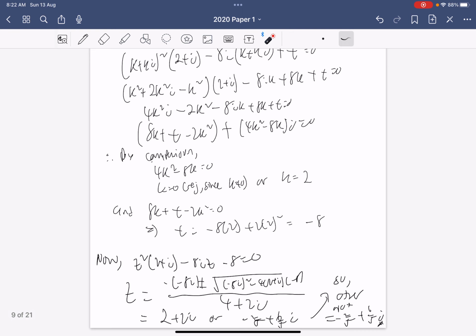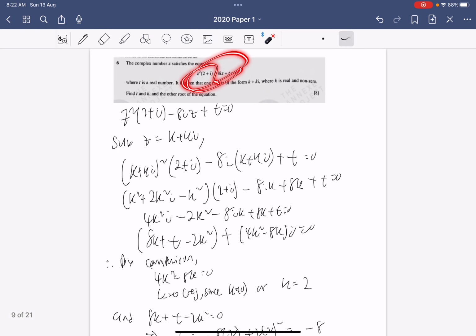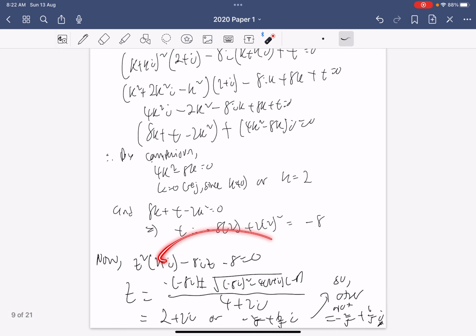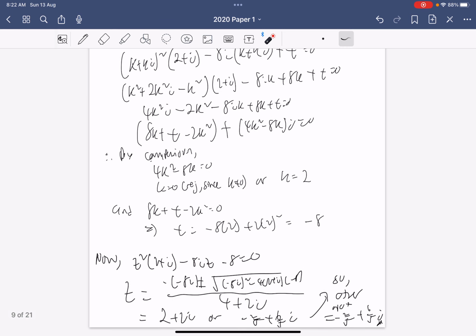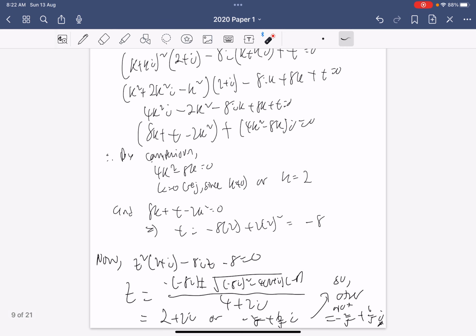With that, we know this part is also 0, 8k plus t minus 2k squared, and this allows us to sub k as 2 and find t, which is minus 8. Then we sub back into this equation, with minus t equals minus 8, and use the quadratic formula to solve for z. You see that z will become 2 plus 2i, or minus 2 over 5 plus 6 over 5i.